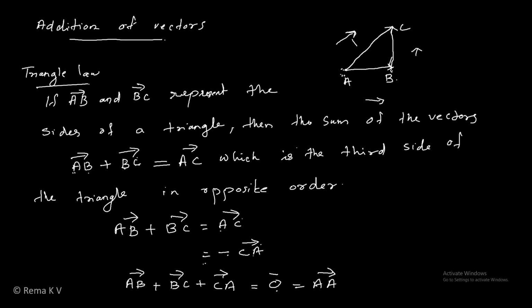So the triangle law of addition of vectors, once again: AB and BC are the two sides of a triangle. Then the sum of the vectors AB and BC, AB plus BC, is defined as AC, which is the third side of the triangle taken in the opposite order. Here these two sides are taken in anti-clockwise direction, but AC is taken in clockwise direction.